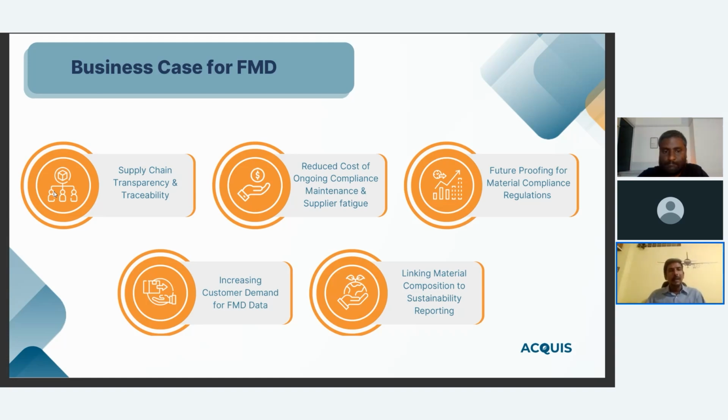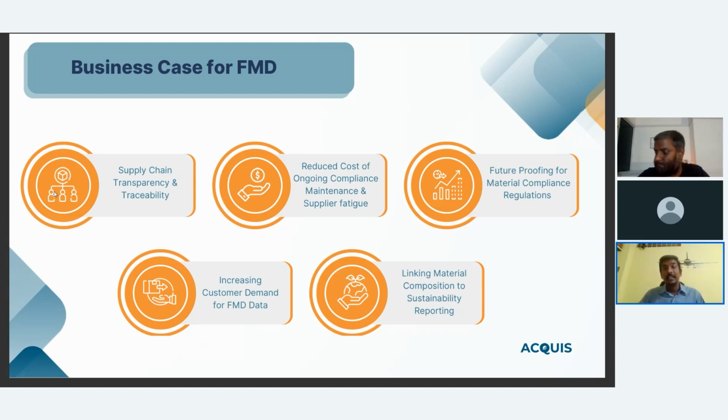The main thing is supply chain transparency. If you are just collecting a RoHS declaration or REACH declarations, you don't know the complete picture. You are believing that the supplier would have done the due diligence and given you the information, but you are still not sure. Not all suppliers are the same.